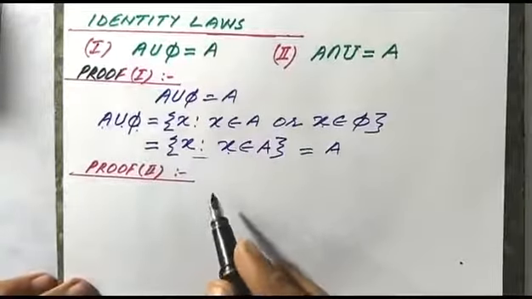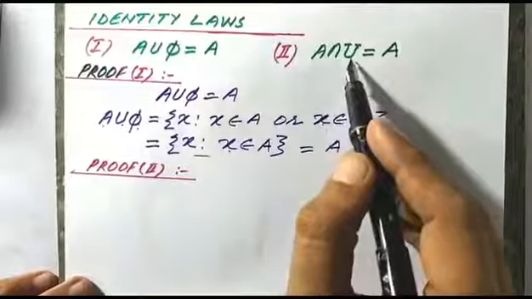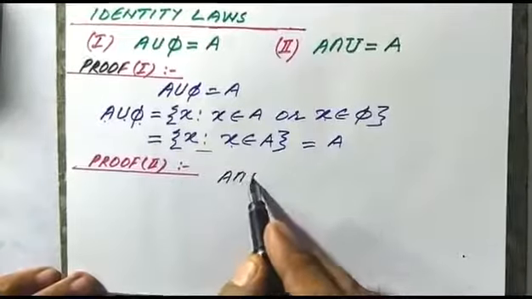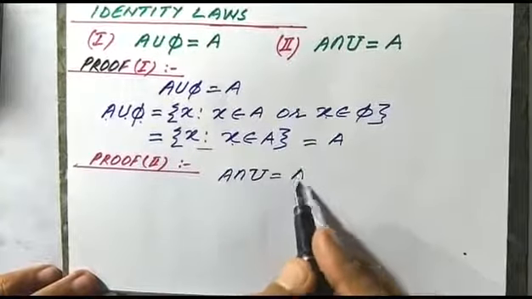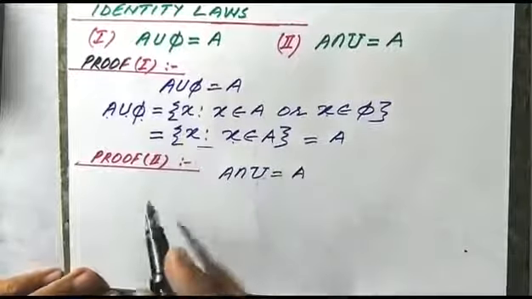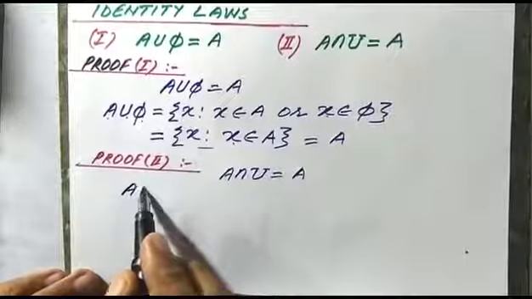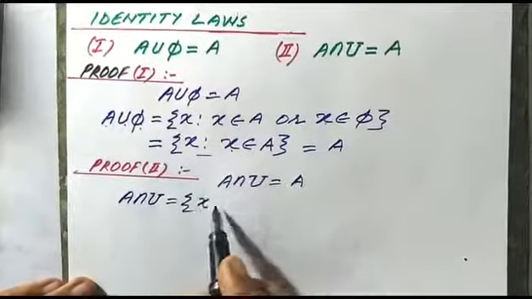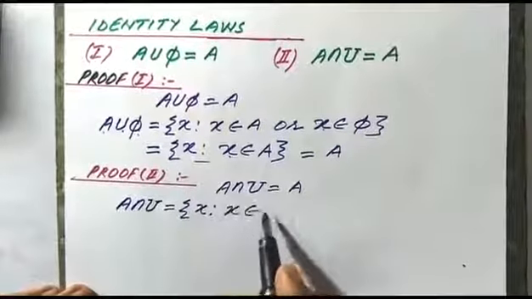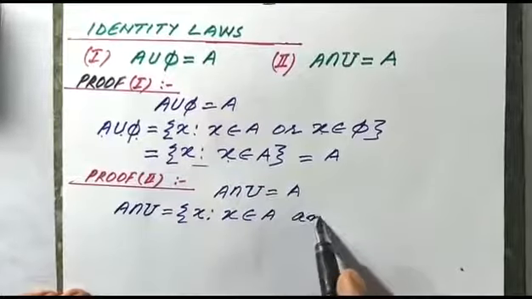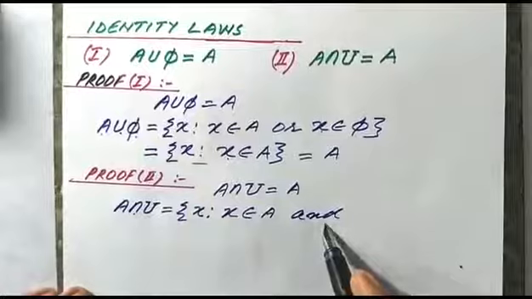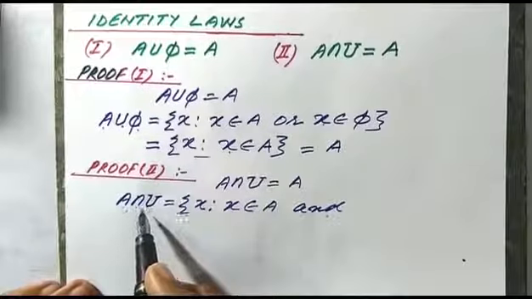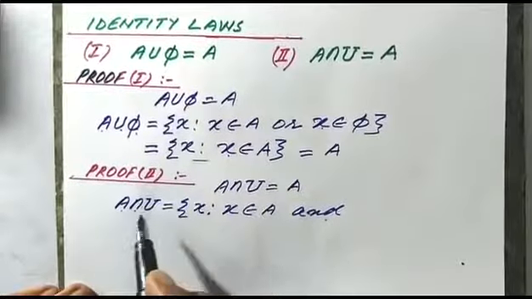Now we are going to prove the second identity law, which is A intersection U is equal to A. By definition, A intersection universal set is a set of X such that X belongs to A, and because there is intersection, and for intersection we use the word and, because if an element belongs to A intersection U, that must belong to both of the sets.